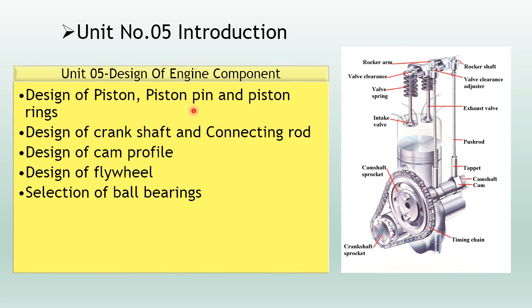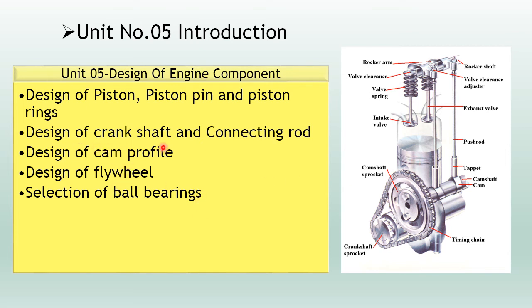Okay, then piston pin is the attachment at the connecting rod end and the piston end. It is also called a gudgeon pin. Then piston rings, the main function of the piston ring is to provide the clearance between the piston and the cylinder. Okay, it also helps to lubricate the cylinder walls.